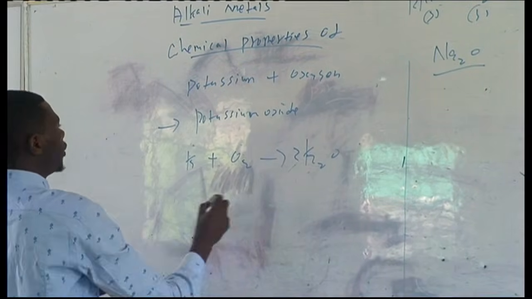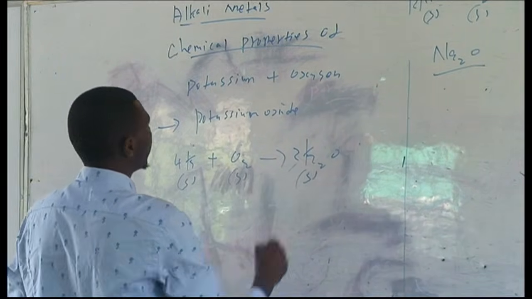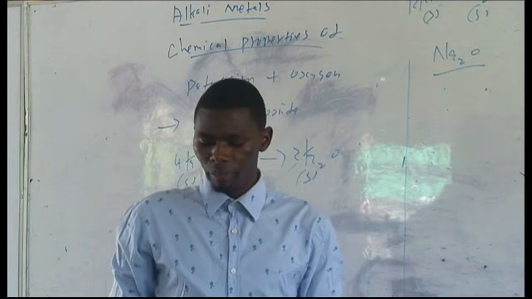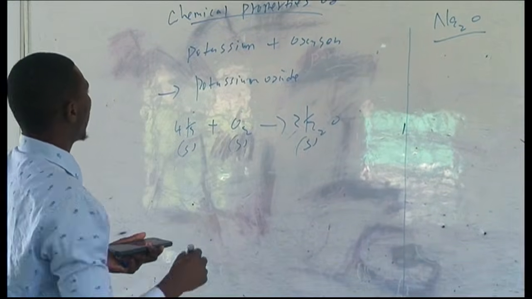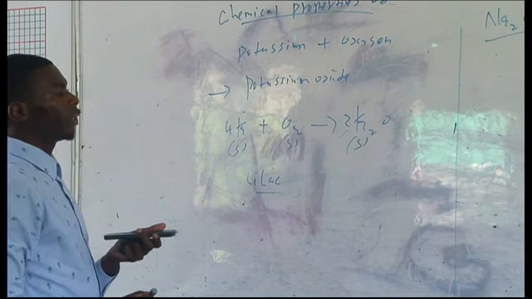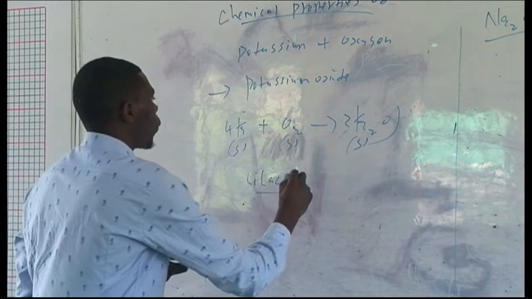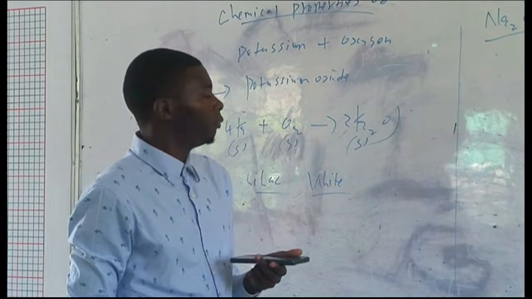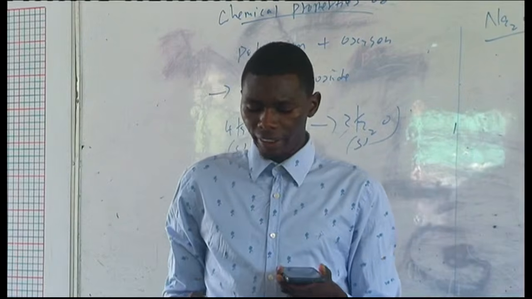If we balance the equation, this is a gas, this is a solid. What's the color of the flame? The color of the flame is lilac, and it will produce a solid, and the color of the solid is white.